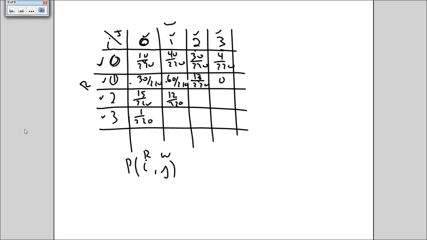Why are the rest 0? I'll even erase this one. The reason is, for example, the number that goes in there will have 1 red and 3 whites. But that's impossible. That's 4 balls already. The number that goes in here, just look to the left. It'll have 2 reds and look up.